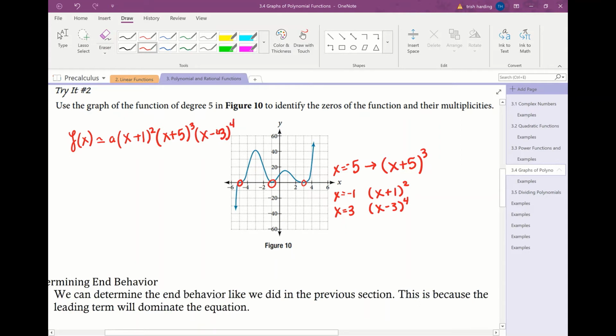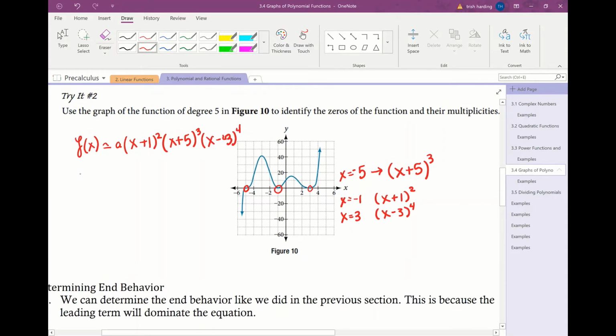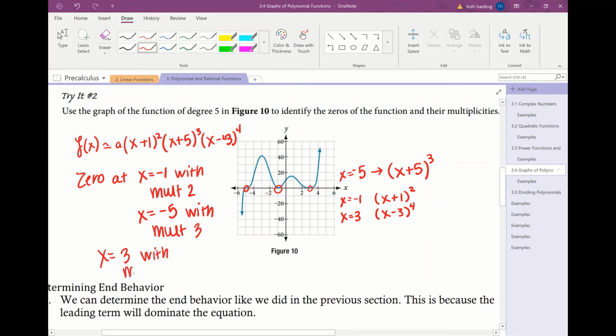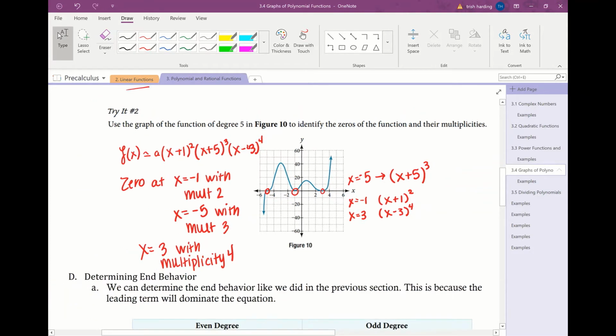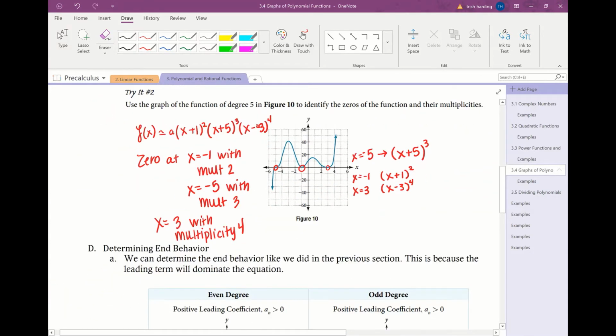So here you would say a zero at x equals -1 with multiplicity 2, x equals -5 with multiplicity 3, and x equals 3 with multiplicity 4. And that's what that means. So that's how we would talk about that graph.